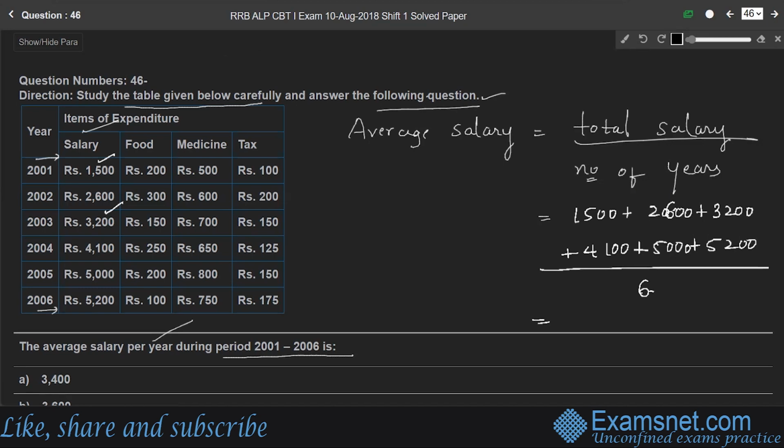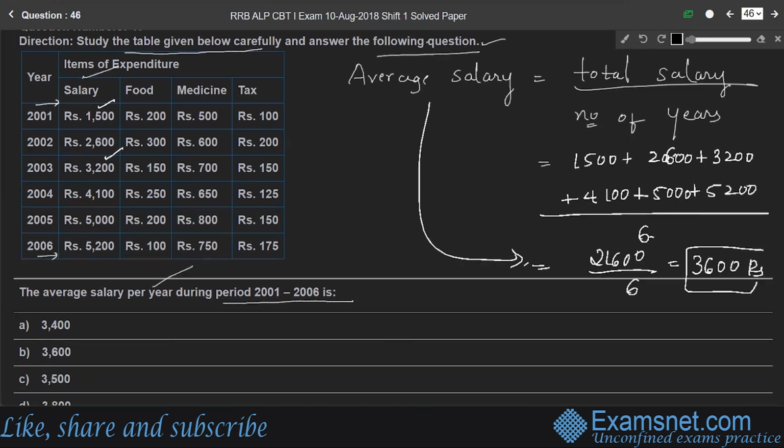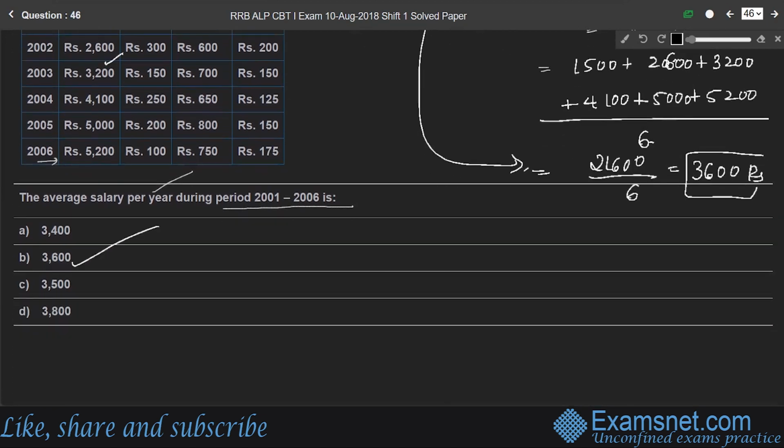When we add these salaries, you'll get 21,600 divided by 6. 6 into 3 is 18, then 6 into 6 is 2 zeros. So 3,600 rupees is the average salary per year. Look at the options. The average salary is 3,600. Option B is the right answer.